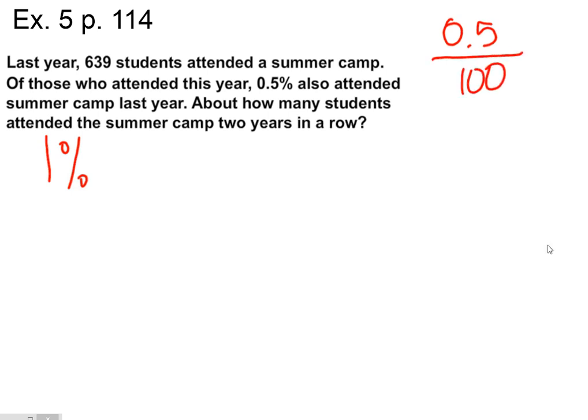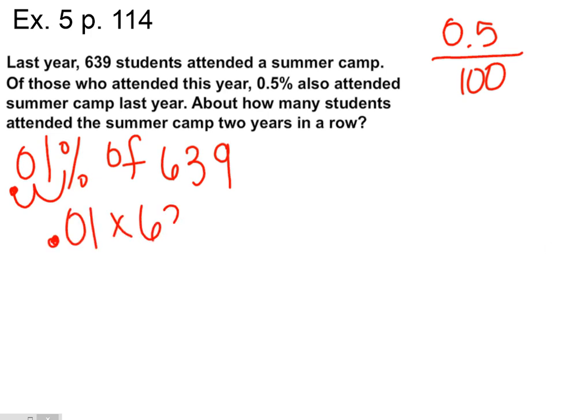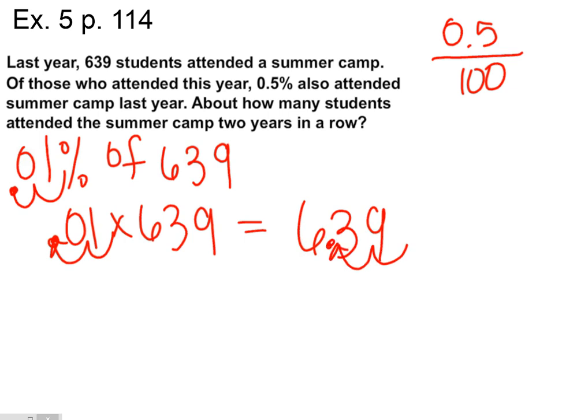So first let's find what 1% of 639 would be. I'm going to rewrite 1% as a decimal, 0.01. 0.01 times 639. All you do is take 639 and you move the decimal 2 places to the left to turn it into the decimal. So we get 6.39.